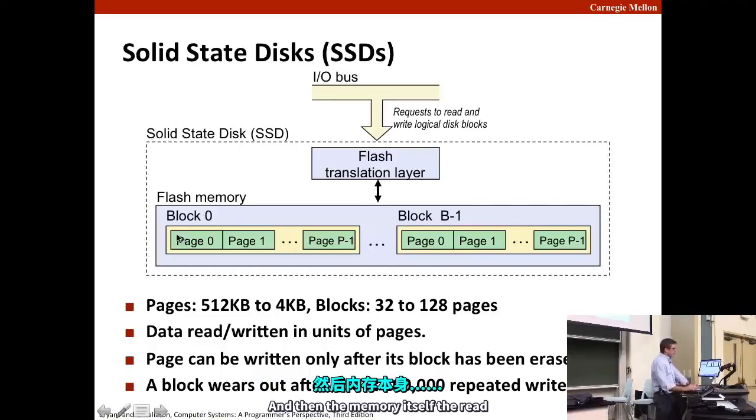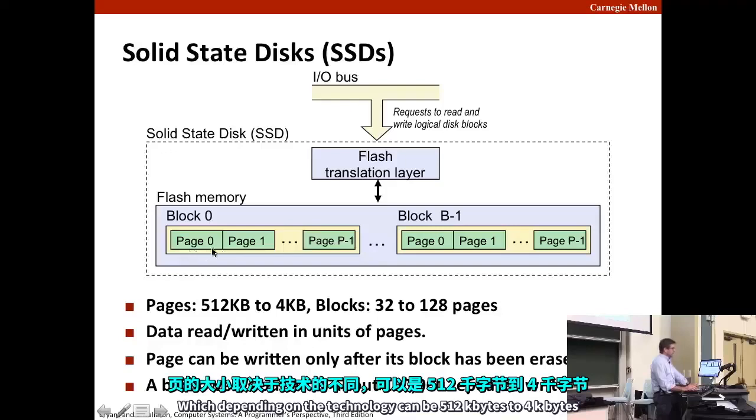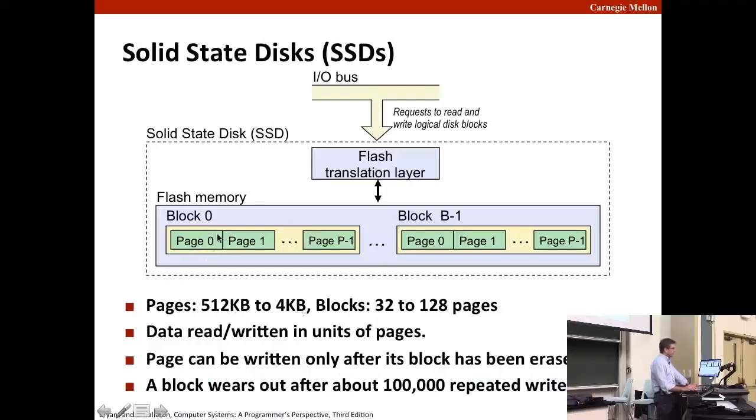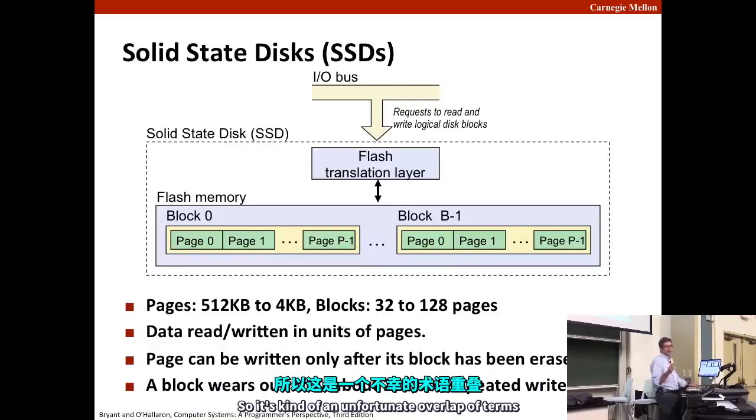And then the data can be read and written from the flash memory in units of pages, which depending on the technology can be 512 bytes to 4K bytes. And then a sequence of pages forms a block. Now these blocks are different from the logical blocks that the CPU uses, so it's kind of an unfortunate overlap of terms.